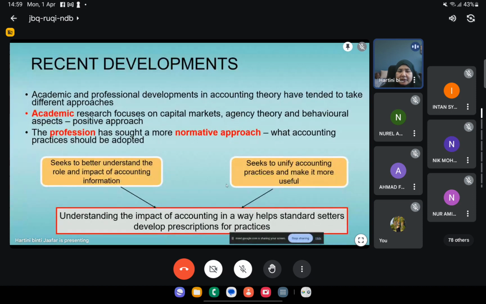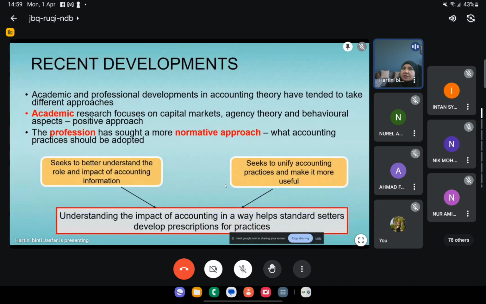And then in terms of what is the most recent, not most recent lah, this has been going on for 20-30 years actually. The academic and professional development of accounting theory tended to take different approaches. So academic researchers focus more on positive accounting theory, capital market, agency theory, behavioral aspects, using the positive approach.